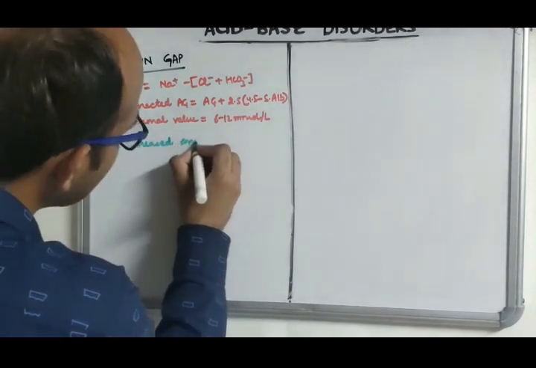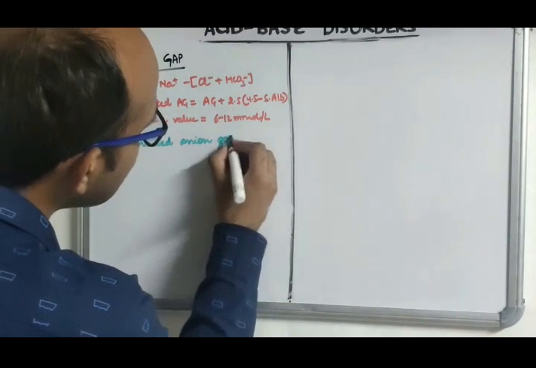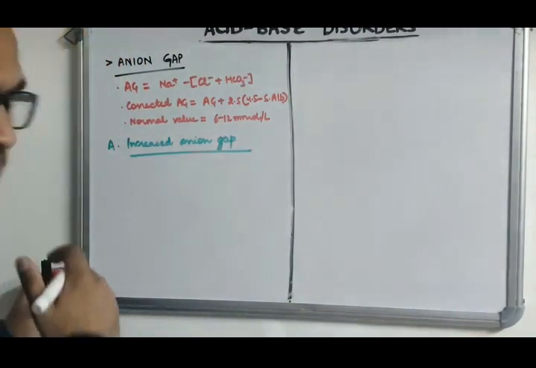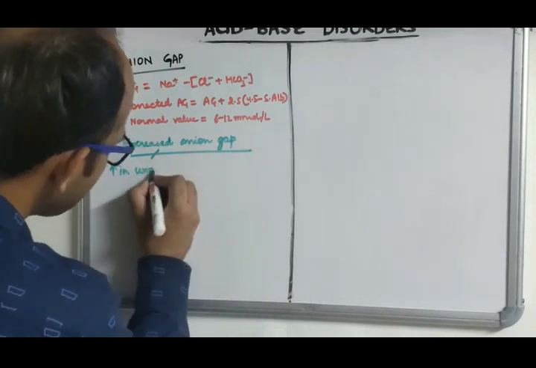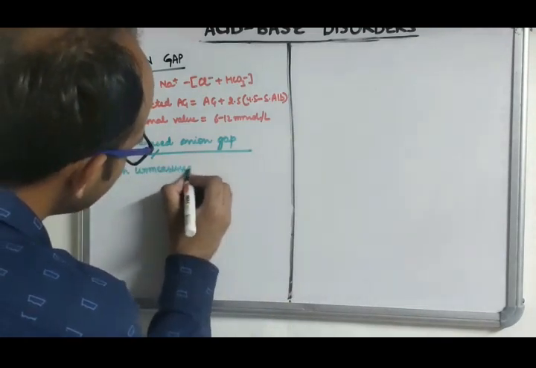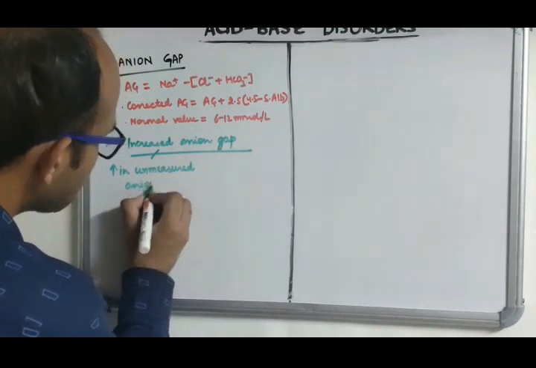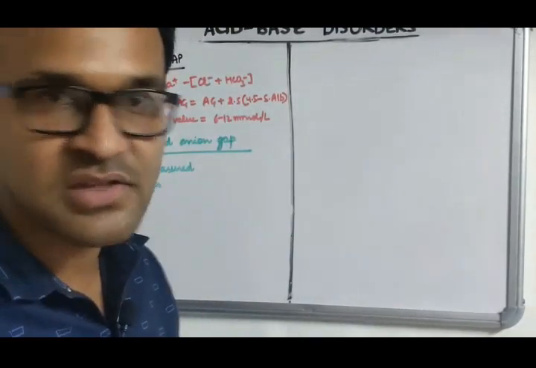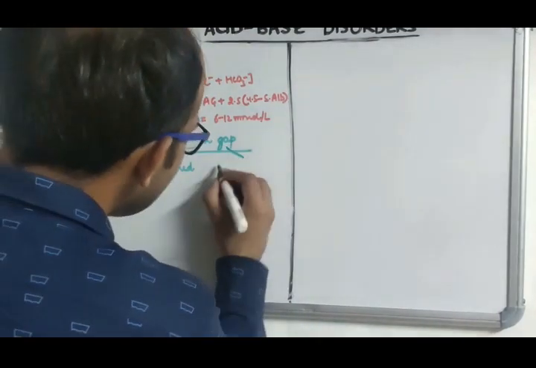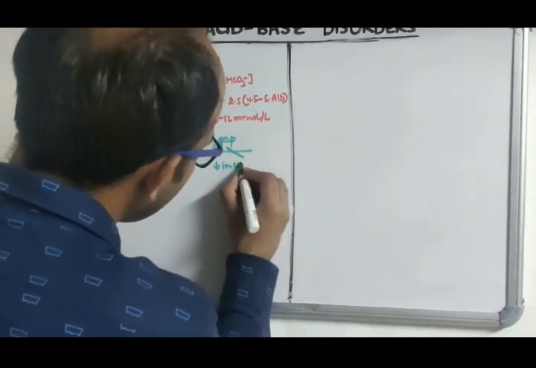So anion gap increases with an increase in unmeasured anions, which could be albumin, phosphate, sulfate, acid anions, or if there is a decrease in unmeasured cations.